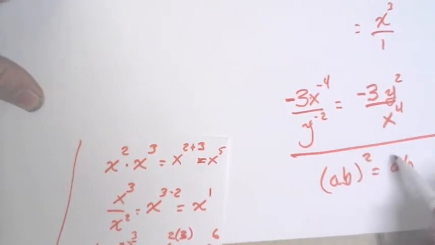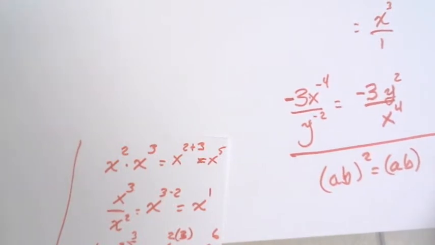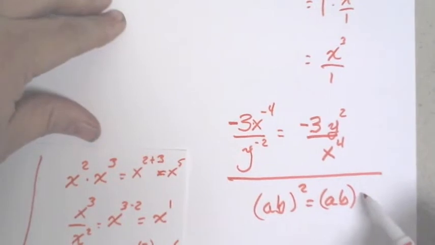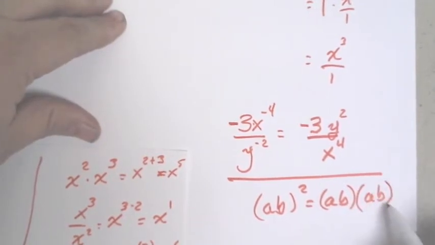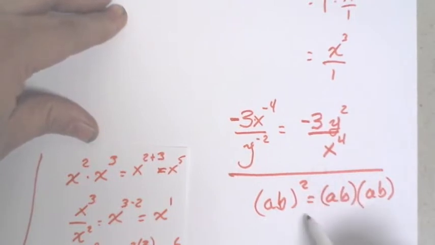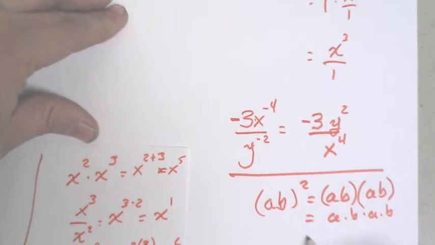That technically means a times b times a times b. But with multiplication, we can really multiply in any order. So this is a times b times a times b, or a squared times b squared, because it's a times a and b times b.